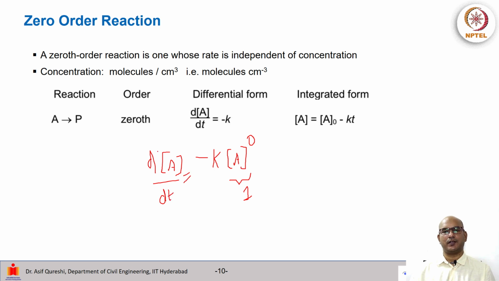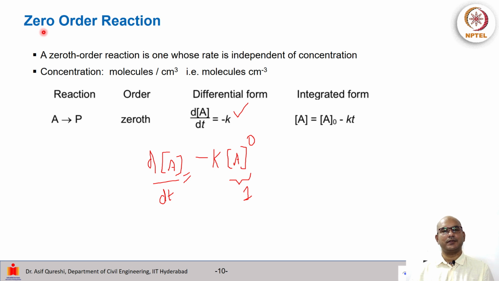So, we are left with dA by dt equal to minus K. So, this reaction rate is not dependent on the concentration of A, actually it is a constant rate, and the integrated form of this equation is concentration of A at any time t is equal to concentration of A at time 0 minus K, which is our rate constant, times t.